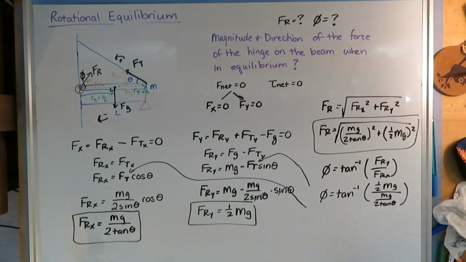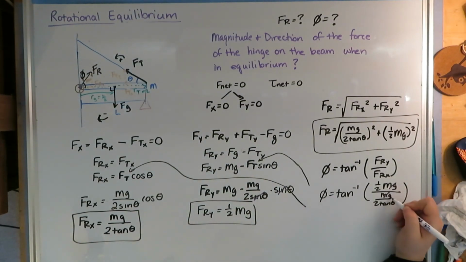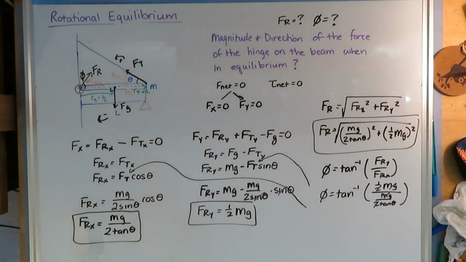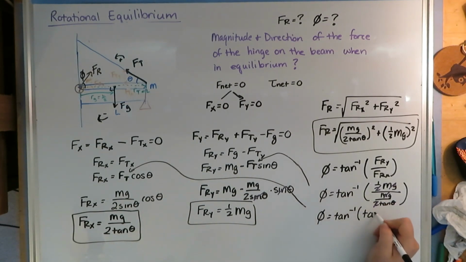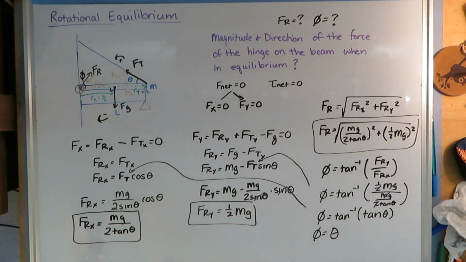So the mg's cancel on top and bottom, the 2 on the bottom cancels, and that brings the tan theta up to the top. So phi is tan to the -1 of tan theta, which tells us that phi is equal to theta.